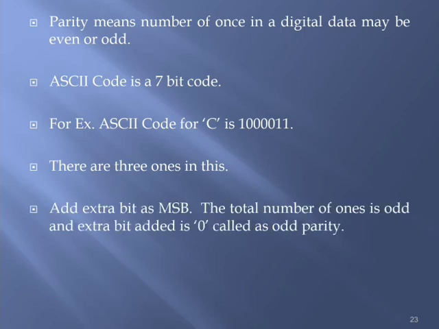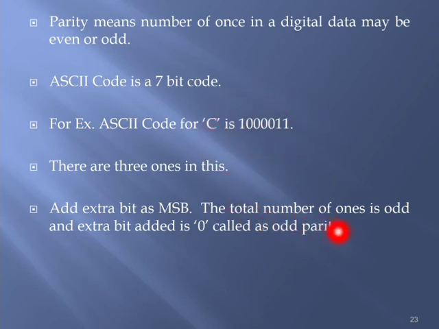Next, if you are adding an extra bit as MSB, and the total number of ones is odd and the extra bit added is 0, it is called odd parity. If you add the MSB as 0, what will happen? It still has only 3 ones. So even after adding 0, it has only 3 ones.